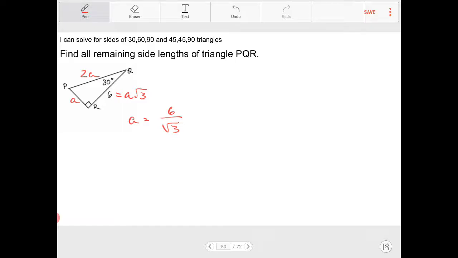And we've got to rationalize, remember? This is the same thing as 6 radical 3 over 3. So if a is 6 radical 3 over 3, then that means PR is equal to 6 radical 3 over 3. PQ is equal to 2a, so therefore PQ is equal to 12 radical 3 over 3.